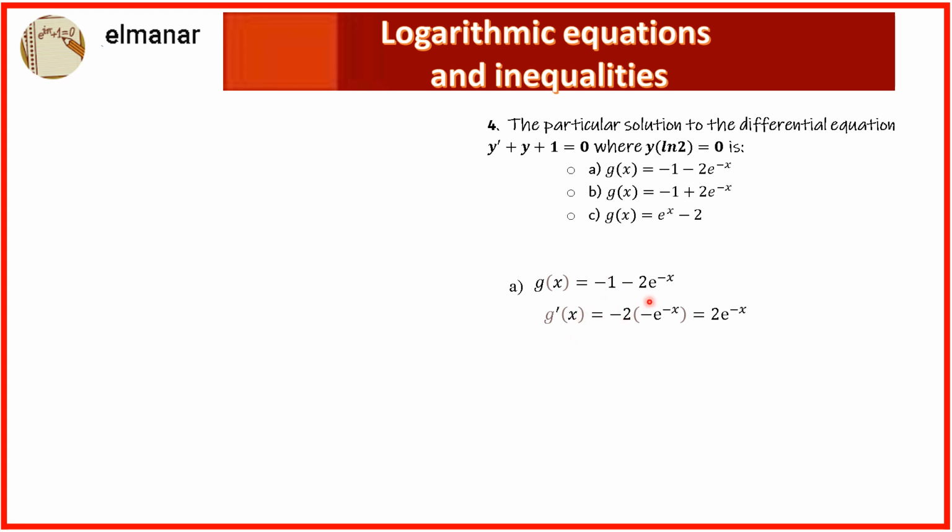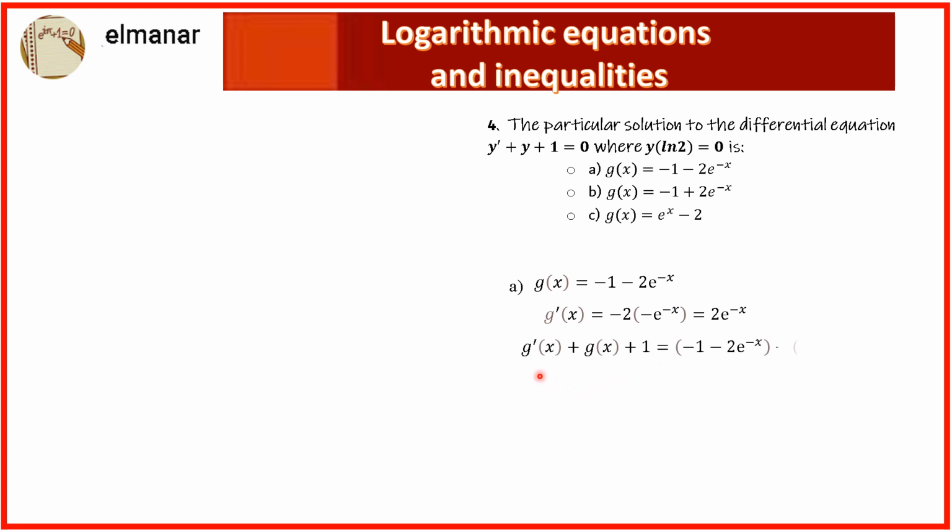The derivative of negative 2 times e to the power of negative x is negative 2 times the derivative of e to the power of negative x. The derivative of e to the power of negative x is negative e to the power of negative x, and negative times negative gives us a positive, so positive 2 times e to the power of negative x.